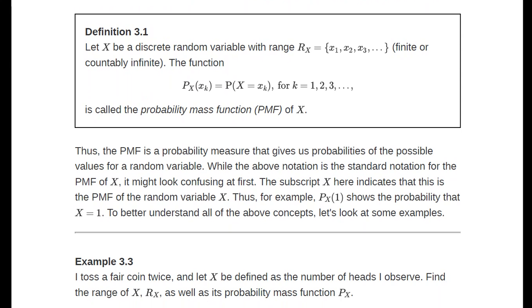The function P_X of xk equal probability of X equal xk for k equal 1, 2, 3 and so on is called the probability mass function of X. Thus, the PMF is a probability measure that gives us probabilities of the possible values for a random variable, while the above notation is the standard notation for the PMF of X. It might look confusing at first.